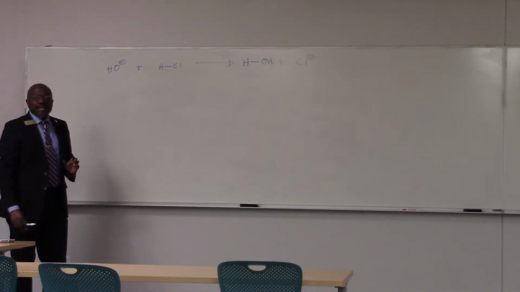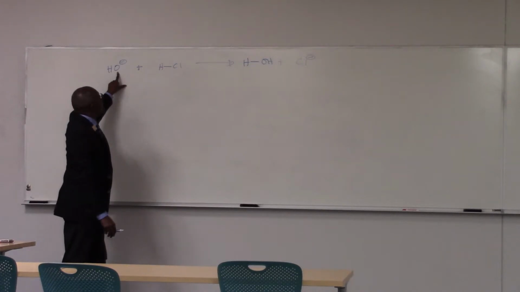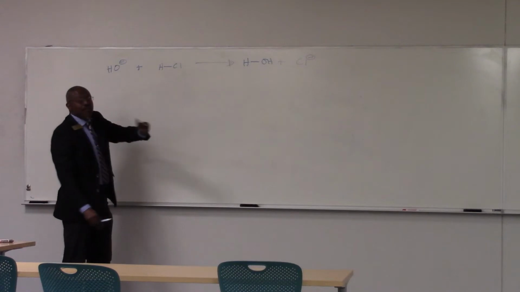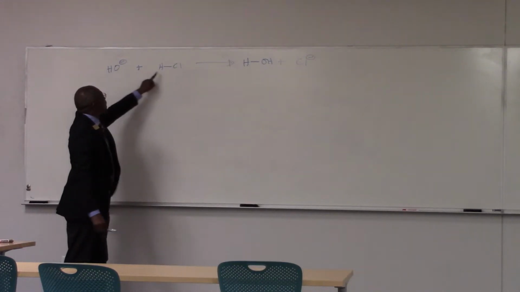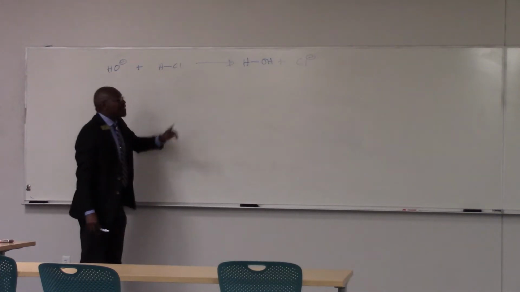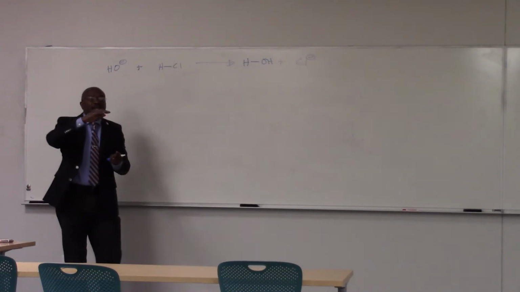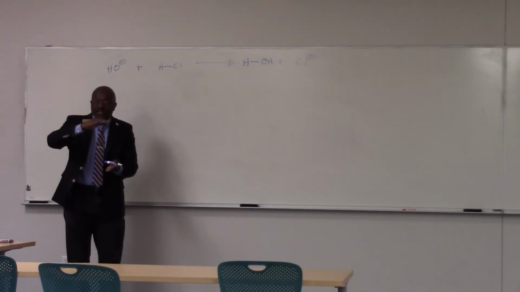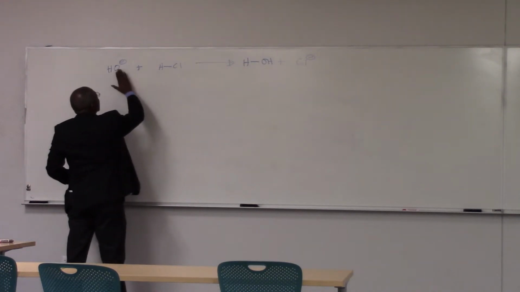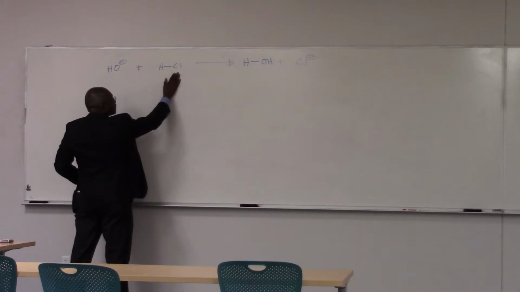So clearly what is happening is, this O is protonated by that H. So I'm going to make an OH bond, and I'm going to break an HCl bond. So I'm making a mental laundry list, a to-do list of what is happening. We are going to make an OH bond. We're going to break an HCl bond. Okay.